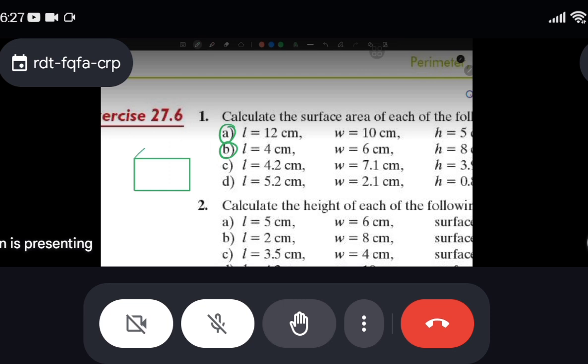Sir, done. How much? Sir, for A, 600 centimeters square, and for B, 192.